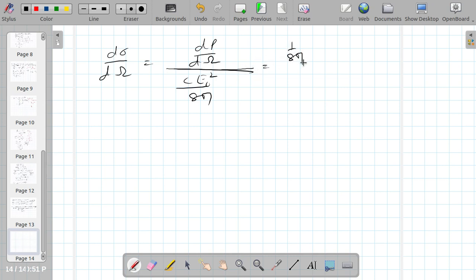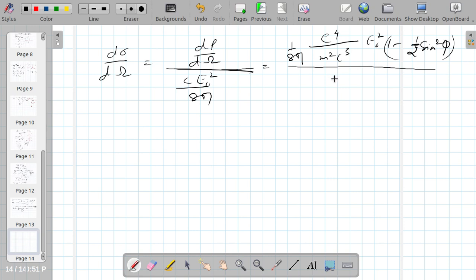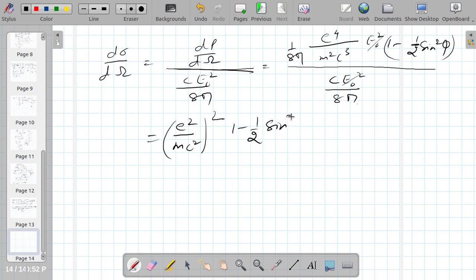It is 1 over 8 pi, e raised to power 4 over m square c cube e naught square, 1 minus 1 by 2 sine square phi, whole divided by C E naught square over 8 pi, and after simplification this will become e square over mc square, whole square, and this c will become c raised to power 4, and E naught square will cancel out with this. It is 1 minus 1 by 2 sine square phi.